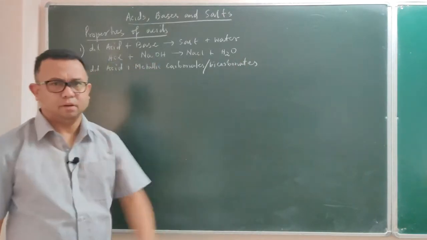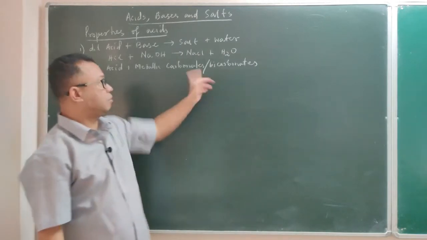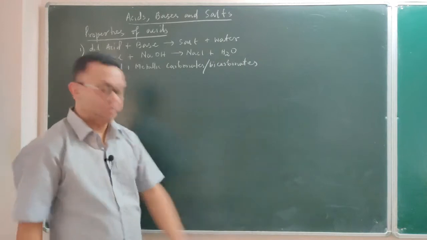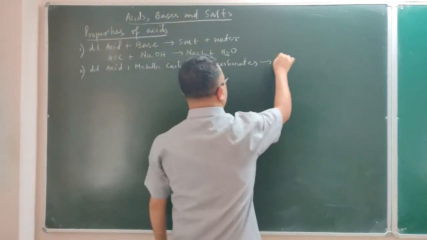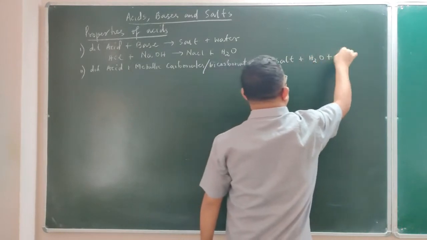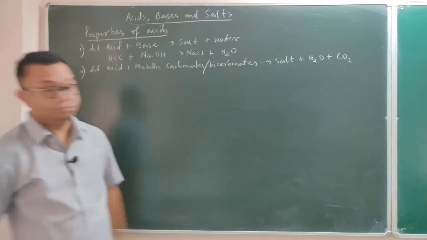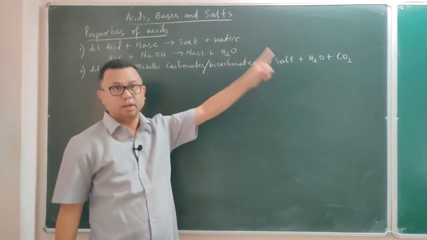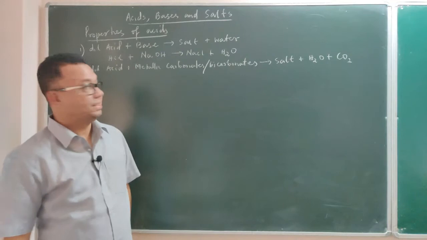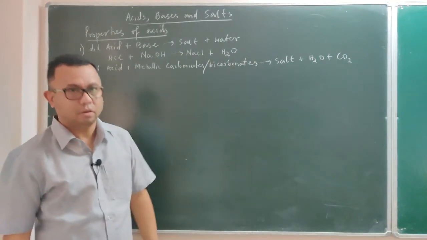Only the balancing part, the coefficients in front of the chemical compounds, will be different if it is a carbonate or bicarbonate, but the products will be the same. Then what will it give you? It will give you one salt, then water, and since it is a carbonate or bicarbonate, it will give you carbon dioxide gas. Carbon dioxide gas is produced, and this gas, as you know, is tested by lime water. Lime water is turned milky by carbon dioxide.